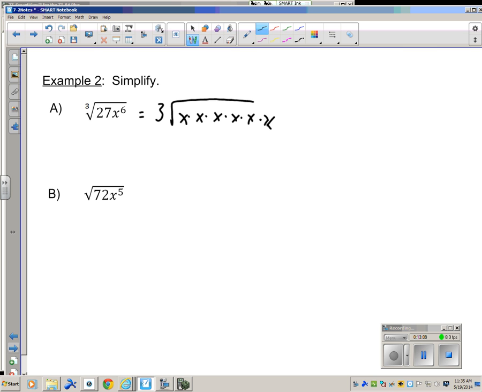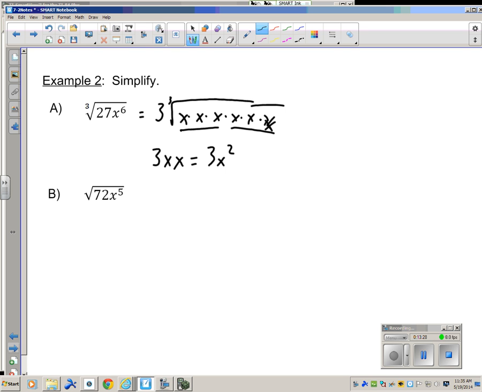Only 6. So groupings of 3, because there's a little 3 out here. So we end up getting 3x and one more x. There's nothing left in that cube root this time. So we just get 3x squared.